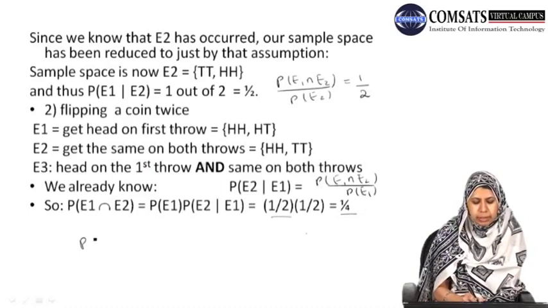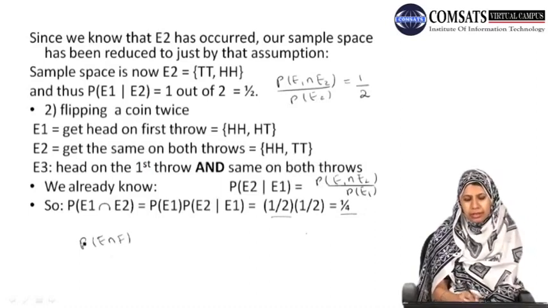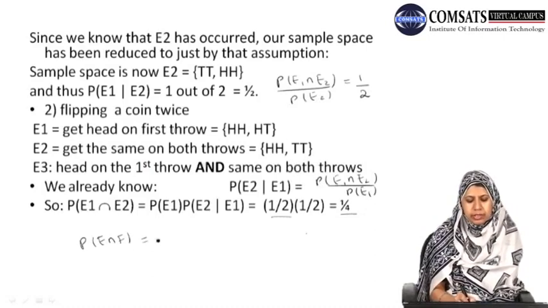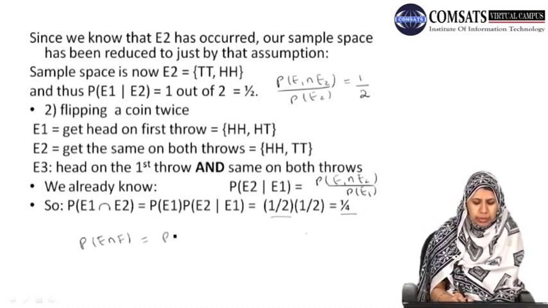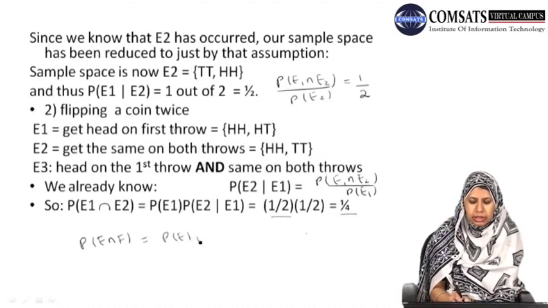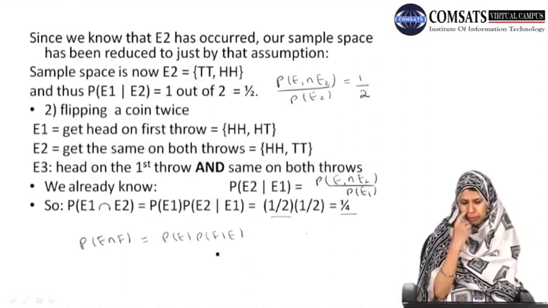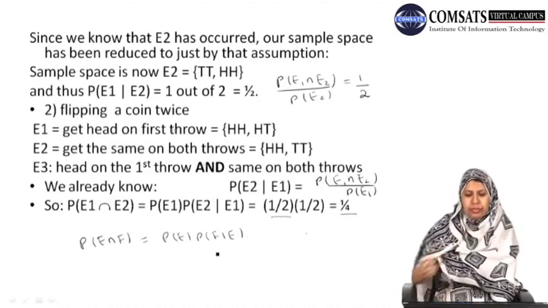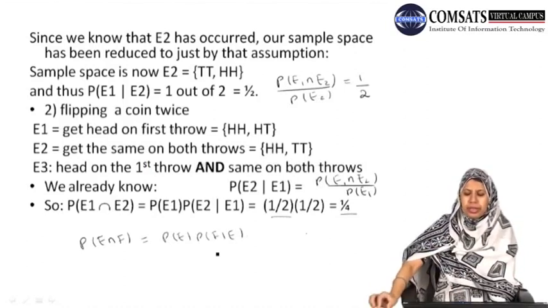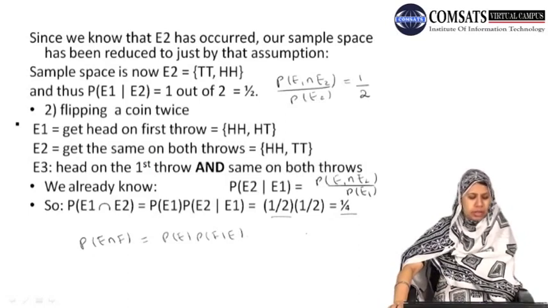Or we can say that the probability of 2 dependent events E and F both occurring simultaneously is nothing but the probability of the event E times the conditional probability of event F provided that the event E has already occurred.